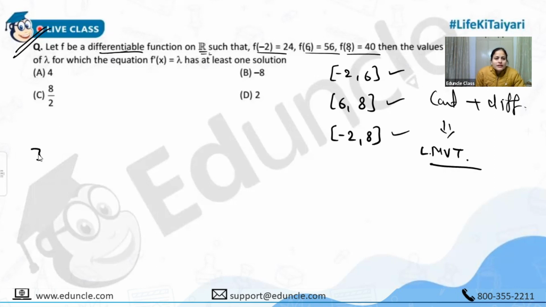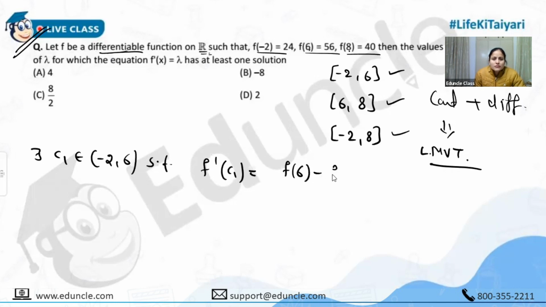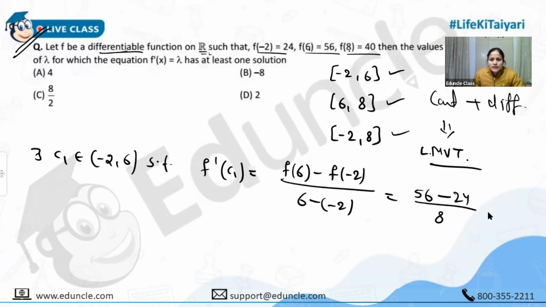So there exists a point, say C1, belonging to the interval -2 to 6 such that f dash at C1 is equal to f at 6 minus f at minus 2 upon 6 minus (-2). f at 6 is 56 minus f at -2, which is 24, upon 8. That is 4. So f dash at C1 is equal to 4.